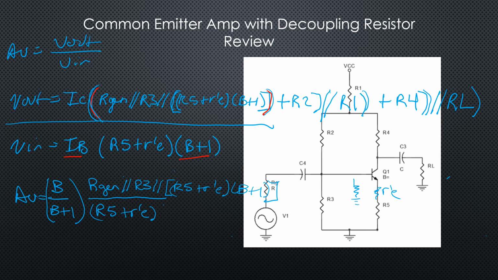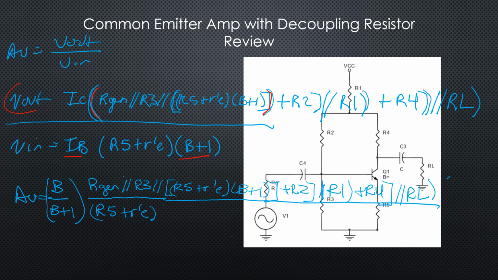All of that plus the R2 in parallel with R1, and then plus the R4, and all of that is in parallel with RL. So that's your numerator. So basically your numerator is this V out formula.